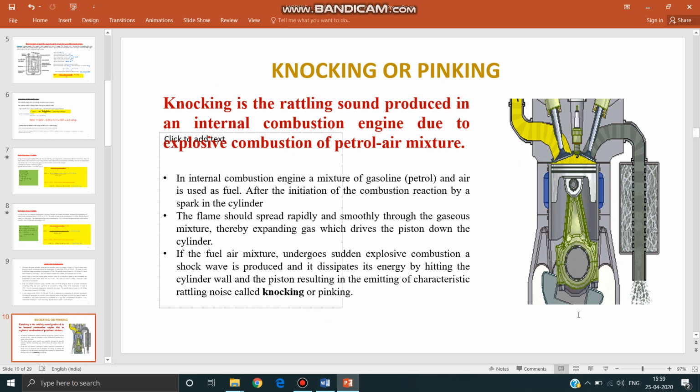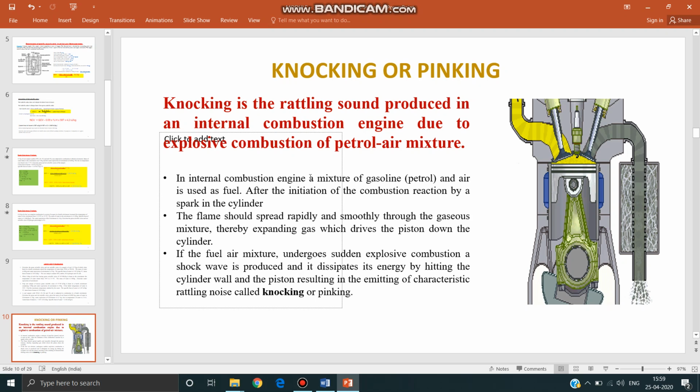Next is knocking, or it is also called pinking. What is knocking? Knocking is the rattling sound produced in an internal combustion engine due to explosive combustion of the petrol and air mixture. How will it be generated, what happens usually? In an internal combustion engine, a mixture of gasoline and air is used as fuel.